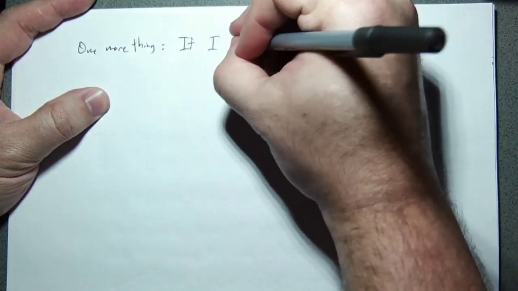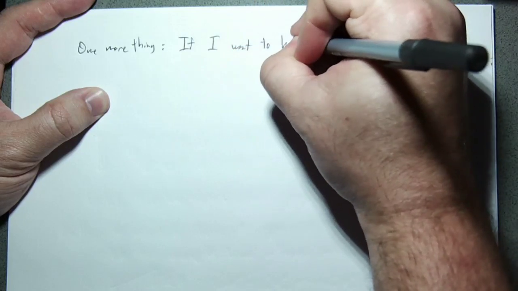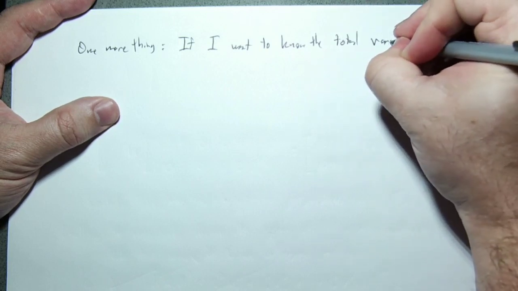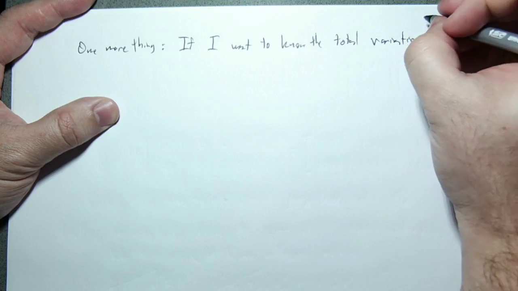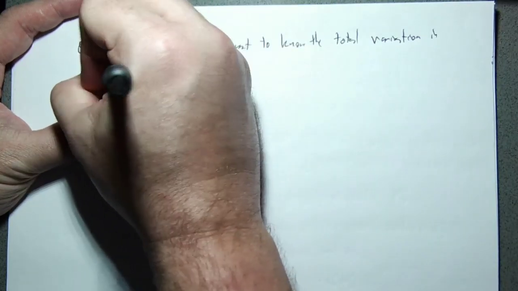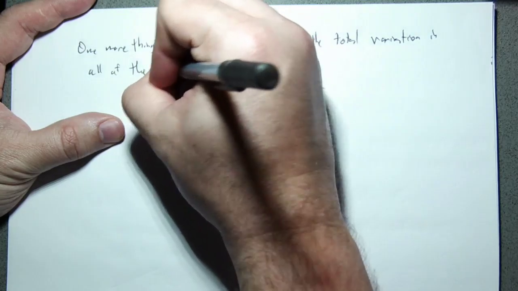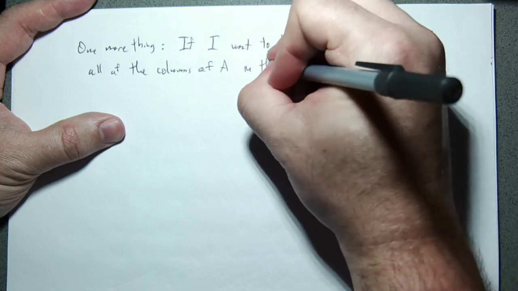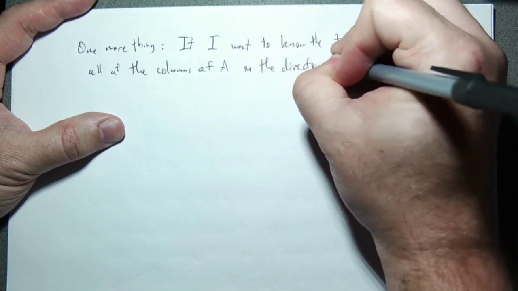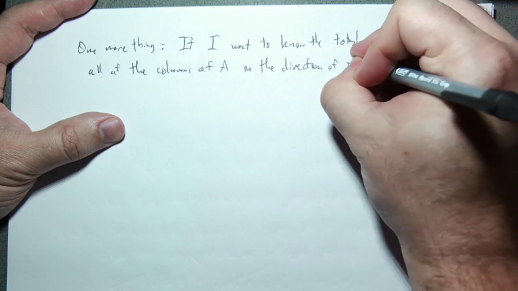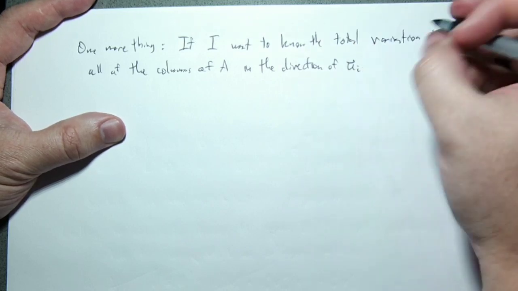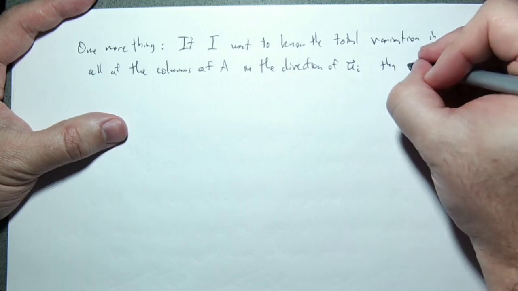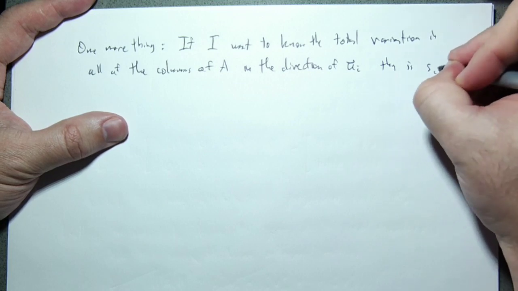If I want to know the total variation in all of the columns of A in the direction of U sub i, this is S sub i squared.